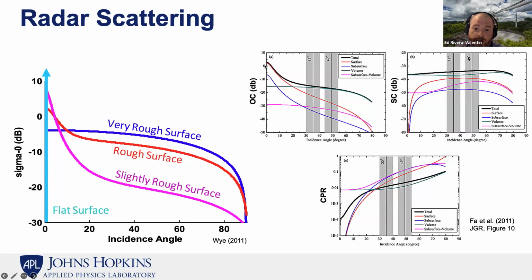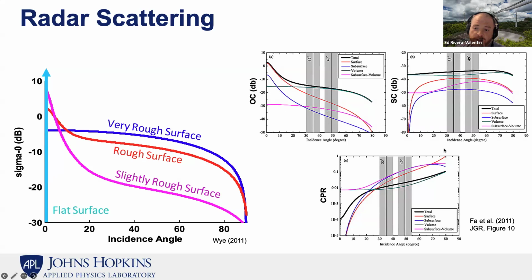First thing to know is that when you're looking at the OC, the opposite circular polarization, the dominant physical property is surface scattering, until about 20 degrees, when volume scattering starts playing a role. But even then, surface scattering is pretty much dominant for a bit and then kind of whooshes on down. Other aspects like subsurface and volume scattering are not dominant when you're looking at this.